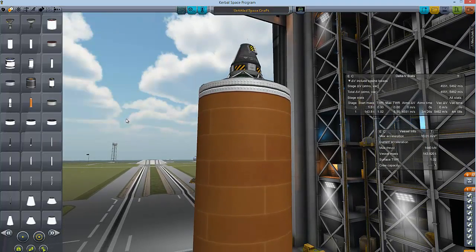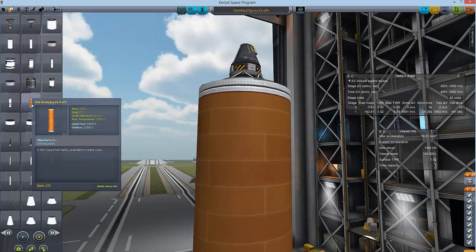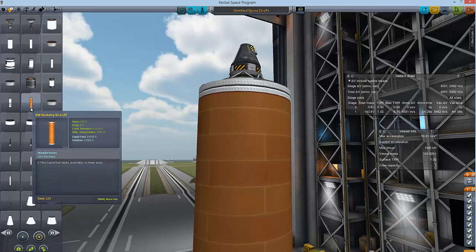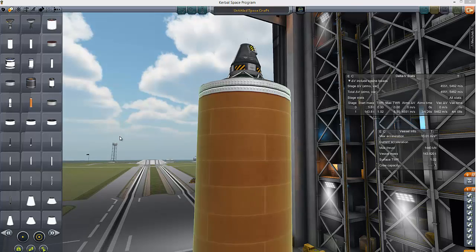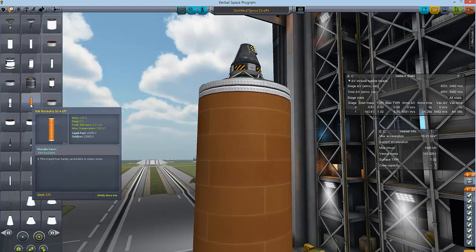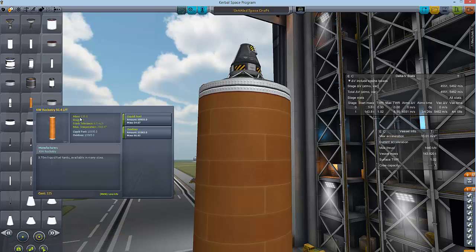And by the way, in case you were wondering, this is representing the mass in tons. So that's an important part. You don't have to convert that over to kilograms or anything like that, like you do with some of the other stuff. The mass right here, and everywhere it says mass, that's in tons. So just keep that in mind.